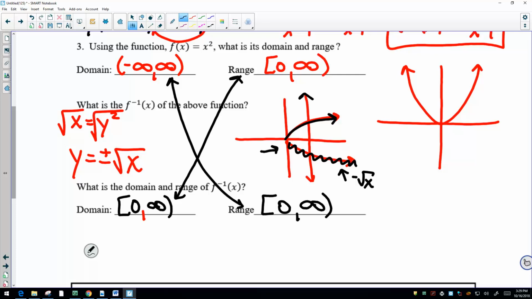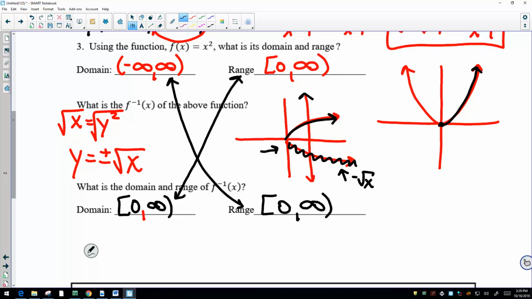So what we do is we say, well, let's restrict the domain of that function and only consider the positive section. So really the domain of the original function, I'm only considering from here over. And when I do the inverse, then I'm only going to get this top half.